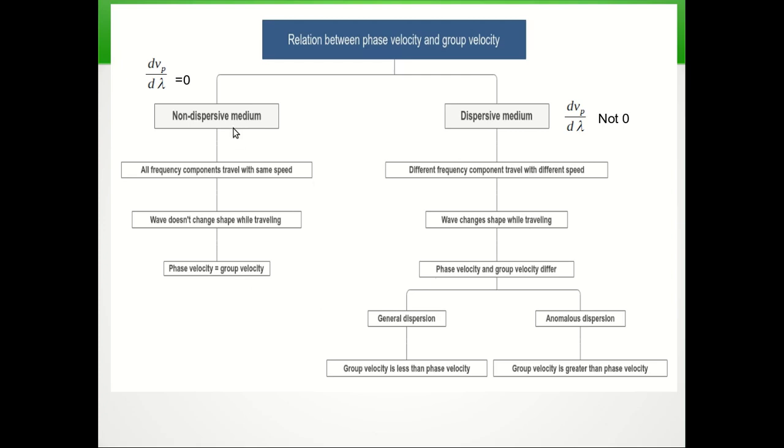For non-dispersive media, phase velocity equals group velocity, while for dispersive media, phase velocity could either be greater than group velocity or smaller than the group velocity. So, this is all about the relationship between phase velocity and group velocity.